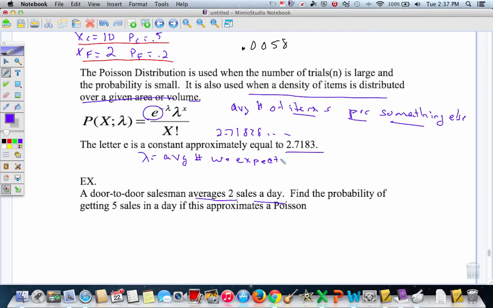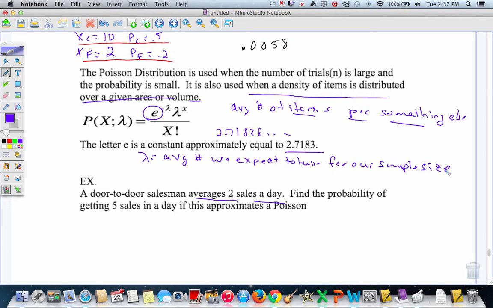Lambda is a new variable. Lambda, by a layman's term definition, is an average number we would expect to have for our sample size. So for example, let's say a city like Waukee averages 4 robberies for every 1,000 people.